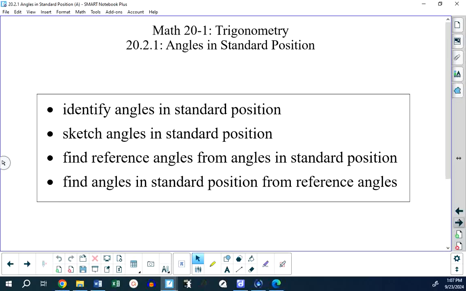So we're going to be identifying angles in standard position, sketching angles in standard position, finding reference angles from angles in standard position, and finding angles in standard position from the reference angle. So there's these two main ideas here, reference angles and standard rotation angles.